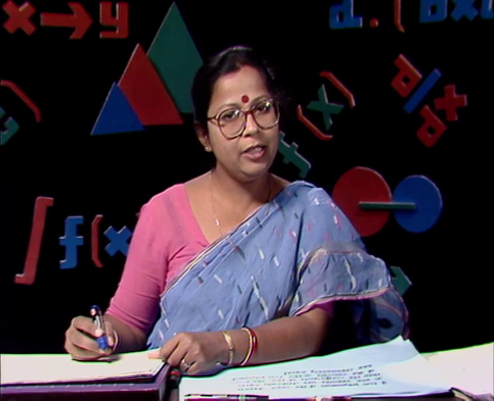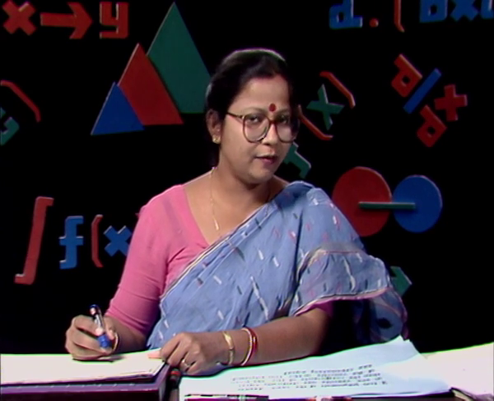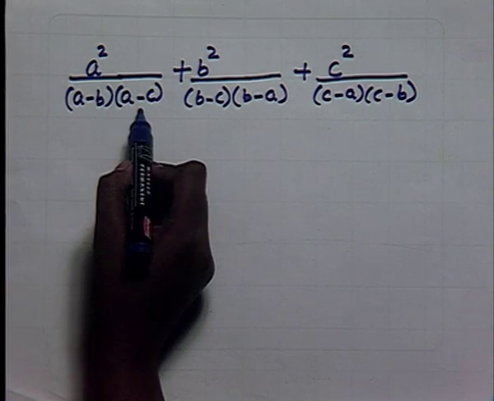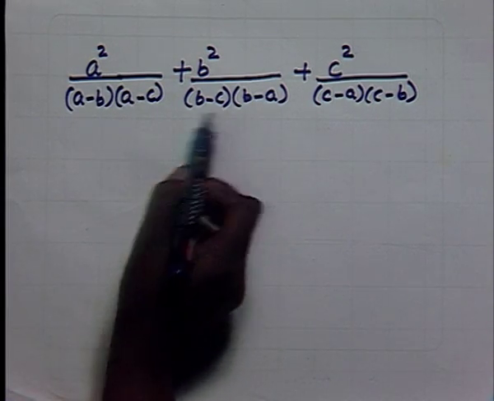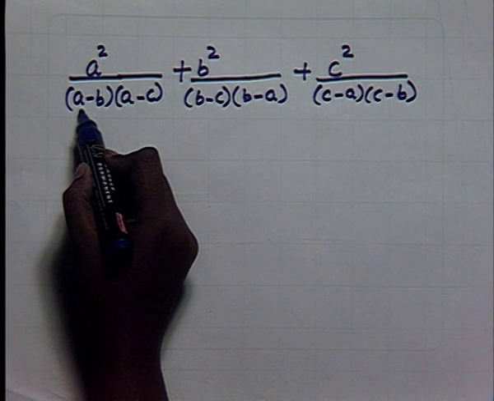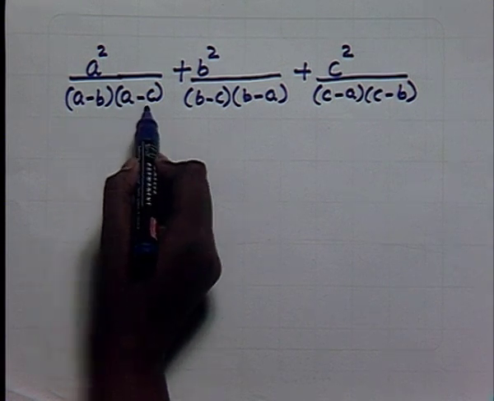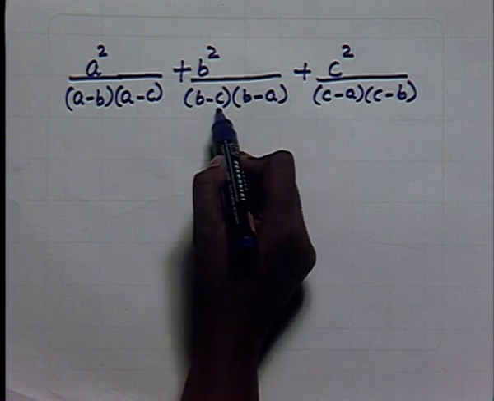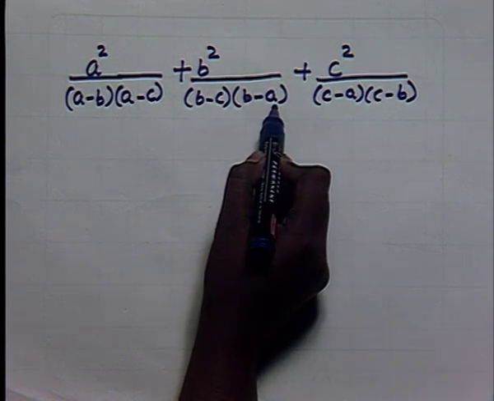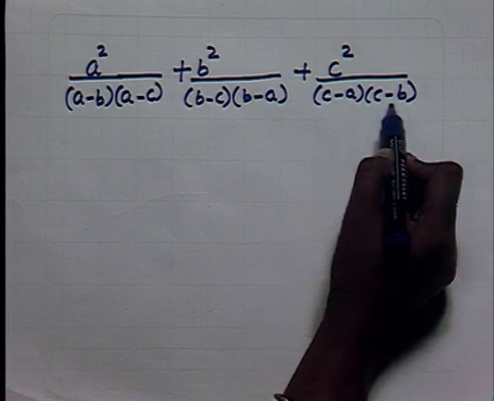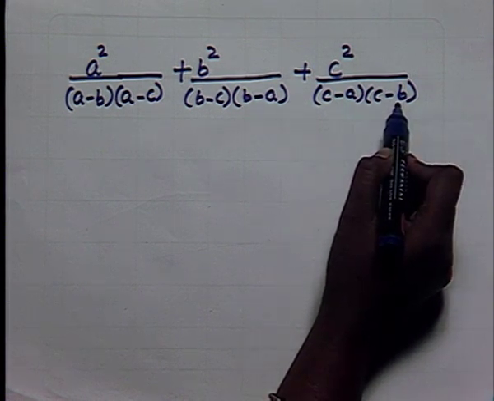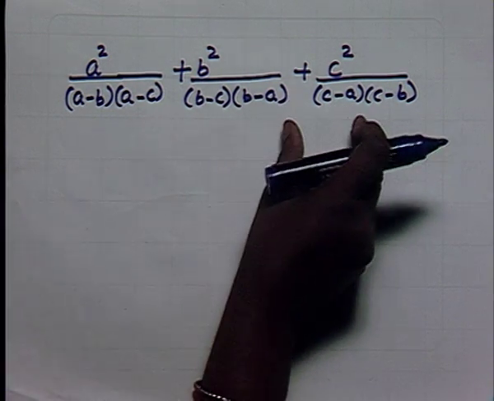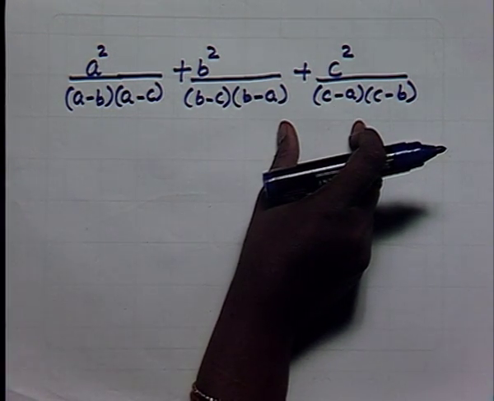For that, we need to find out the LCM of the denominators. Now, just observe the denominators here. Here the denominator is A minus B into A minus C. In this expression, the denominator is B minus C into B minus A, and here it is C minus A into C minus B. You can very well observe that these terms are not written in cyclic order.